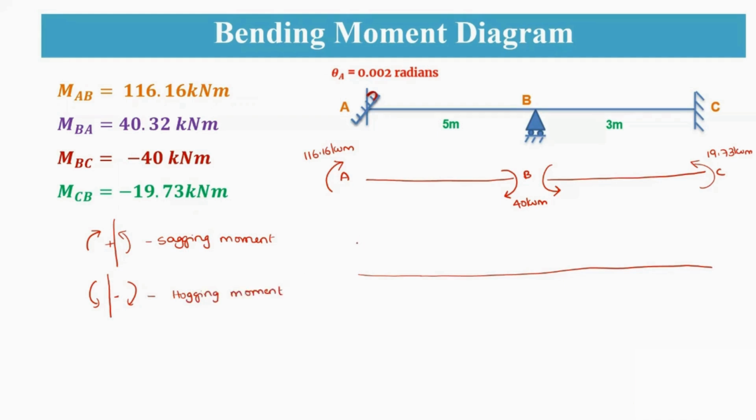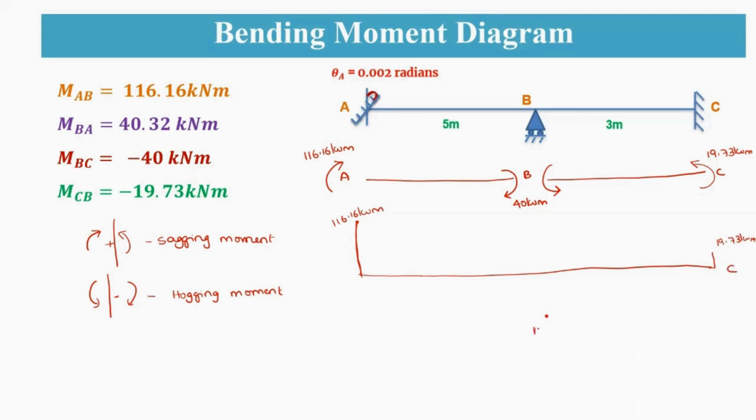Since it is sagging, it is 116 sagging. Again, it is a hogging of 40 kilonewton meter. So this is 116.16 kilonewton meter, this is 40. Again, here you have a sagging of 19.73 kilonewton meter.